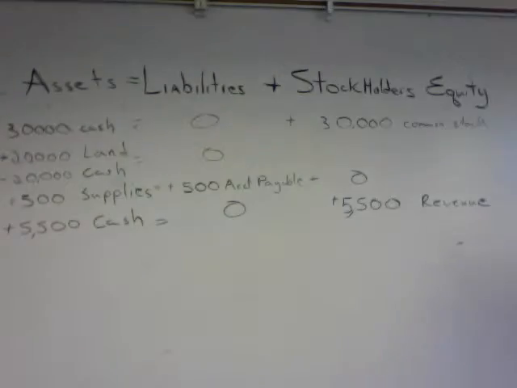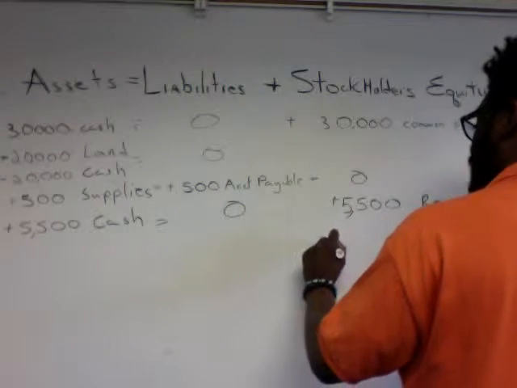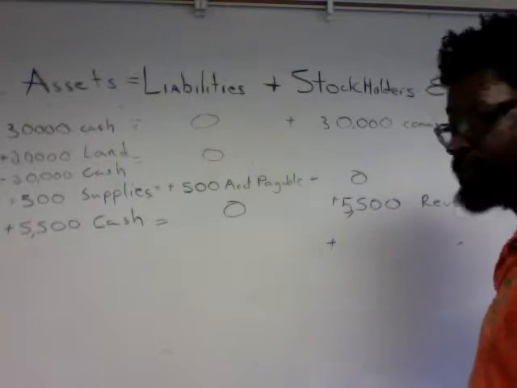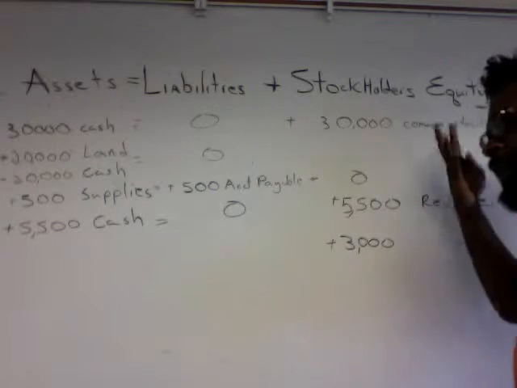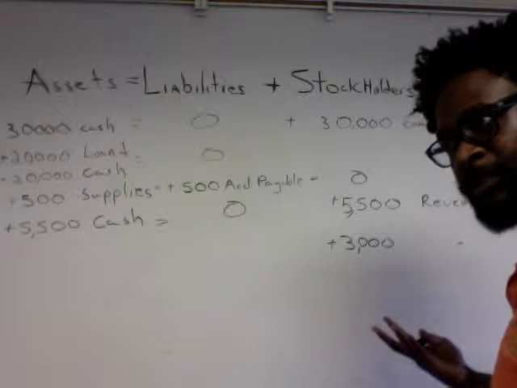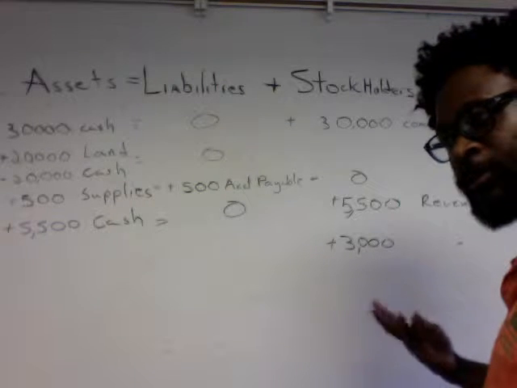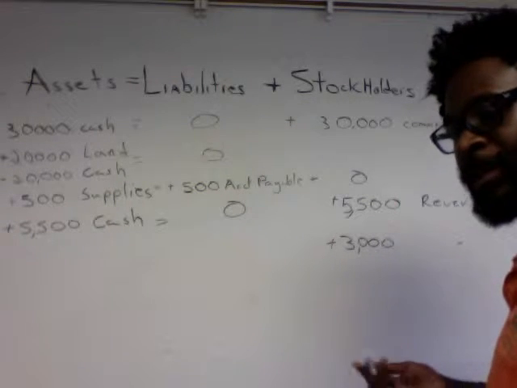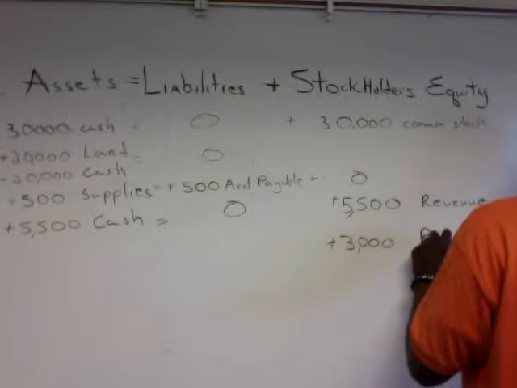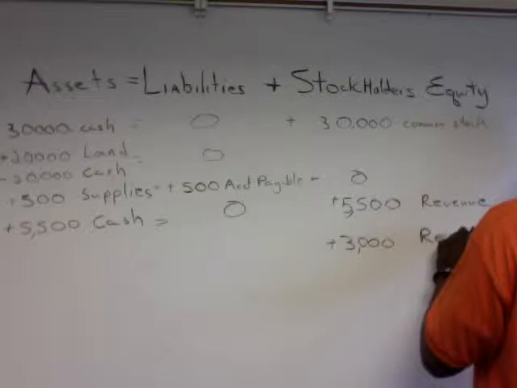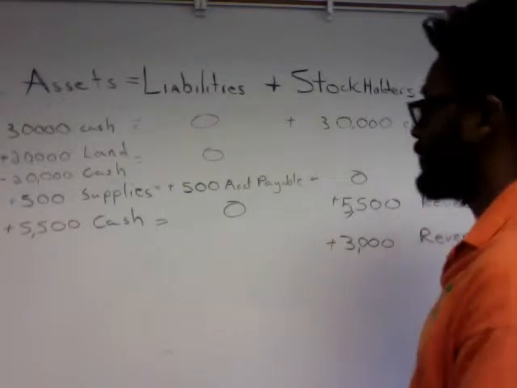So our revenue will increase our stockholders' equity. Stockholders' equity is going up by $3,000. Why? Because retained earnings is a part of stockholders' equity, and retained earnings, one word definition again, is income. And income is generated from your revenues minus expenses. So our revenue account is causing our stockholders' equity to increase.